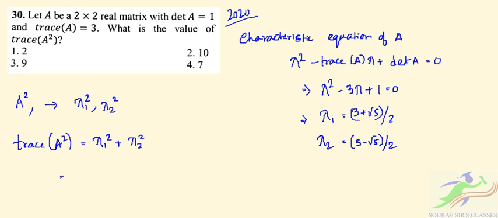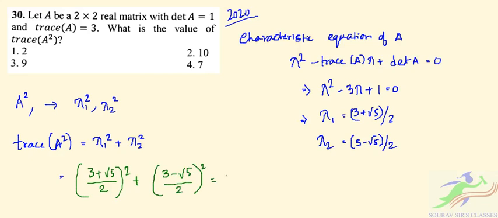Putting in the values, ((3 plus root 5) by 2) whole square plus ((3 minus root 5) by 2) whole square, the summation will be 7. So the value of the trace of A square is 7, option 4.